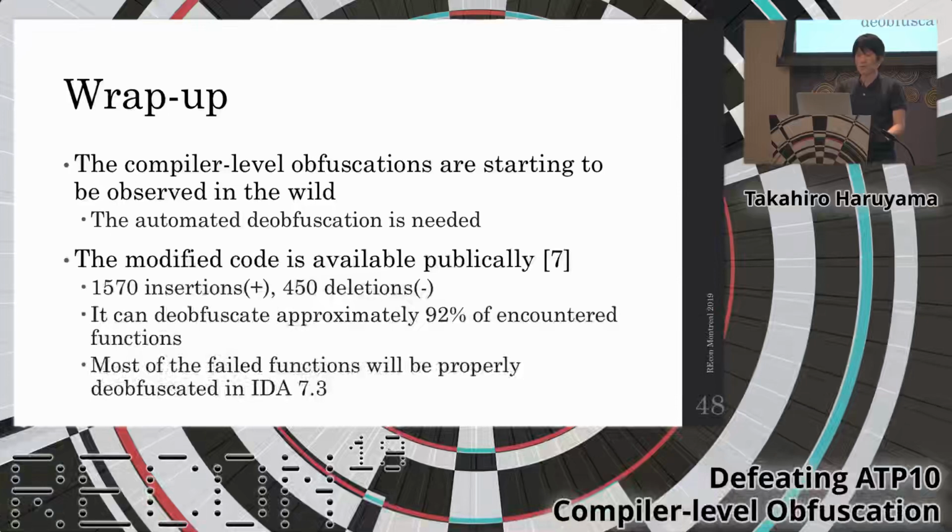The modified code is available publicly. It can deobfuscate almost every function on IDA 7.3, except the next block number guessing algorithm failure case. I hope this research will be valuable for other malware researchers.